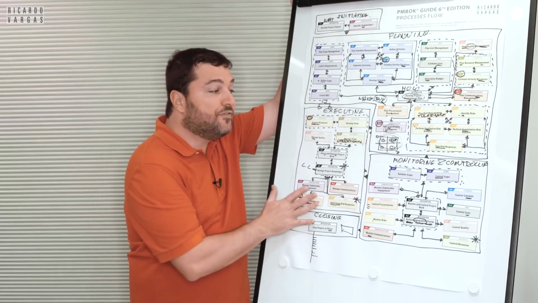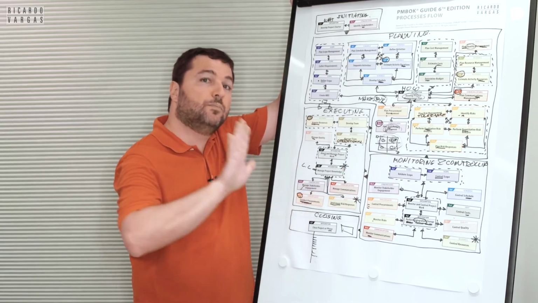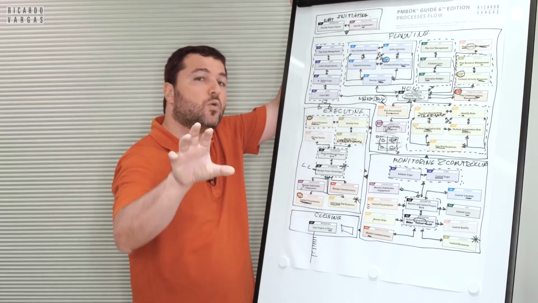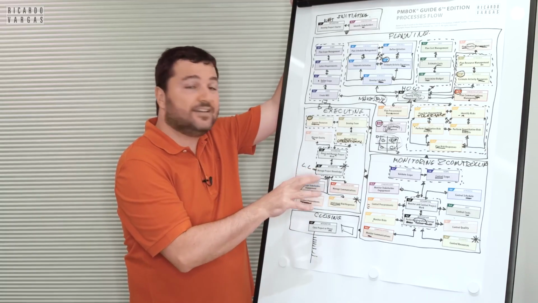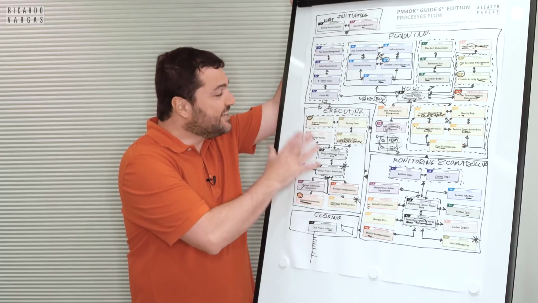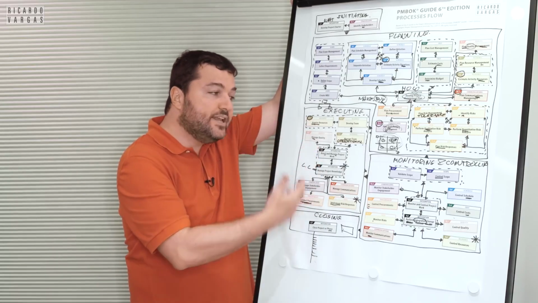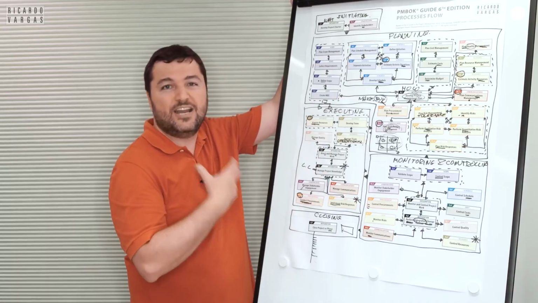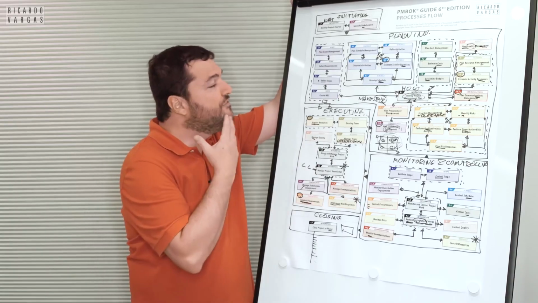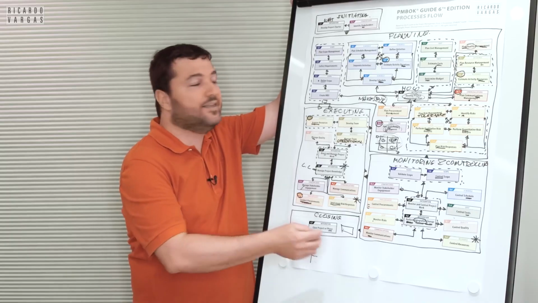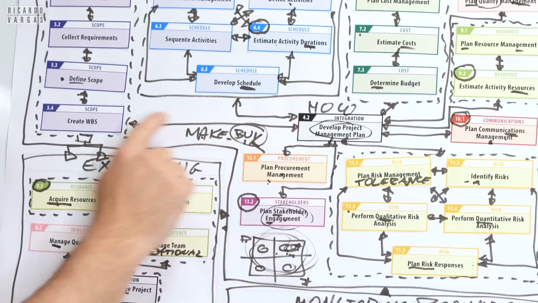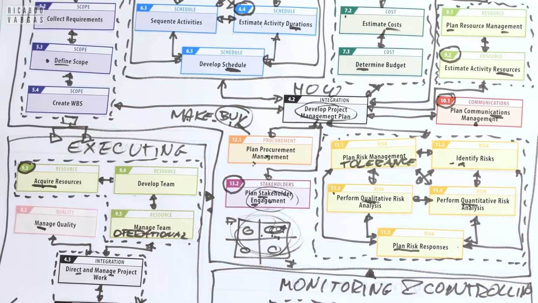Remember, the framework exists to support your project and not your life exists to support the framework. Think about that, have fun, test this, and then you can read and understand the PMBOK and all this process flow in a very, very easy way. One last thing, remember the arrow that goes both sides.